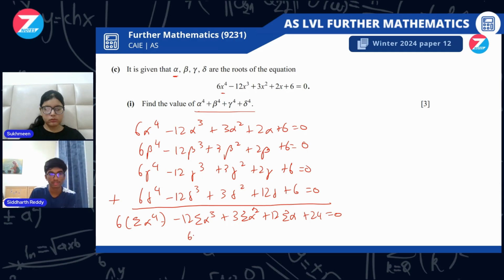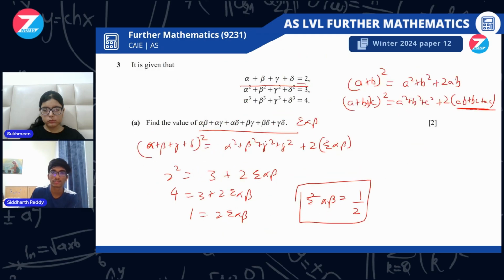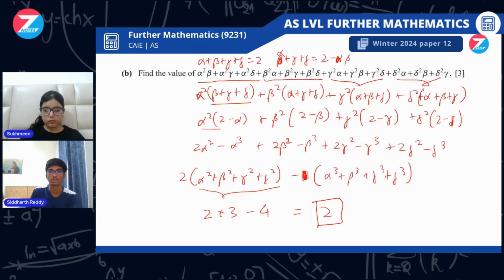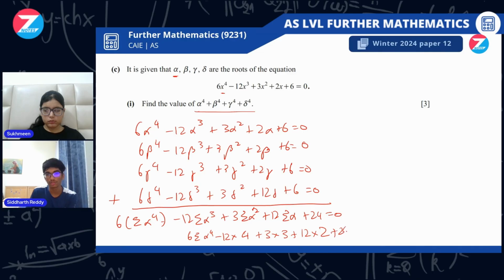If we go back and check, they already gave us these values. So we have 6 times this thing which we are trying to find, minus 12 into 4, plus 3 into the sum of squares, which is 3, plus 12 into the sum of the roots themselves, which is 2, plus 24 is equal to 0.